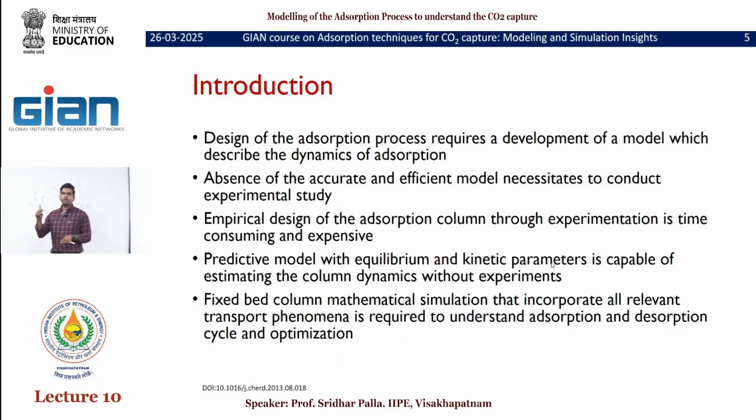The time of adsorption and the time of desorption together make one cycle. If you have some specific quantity of CO2 coming out of the bed, or a target productivity or purity of the CO2, you can optimize various parameters or operating conditions by using this model.